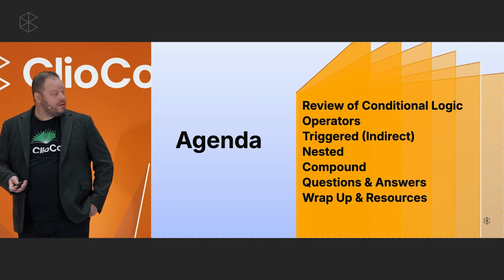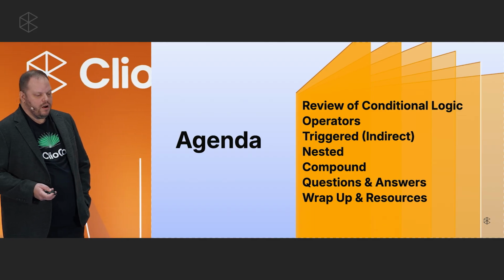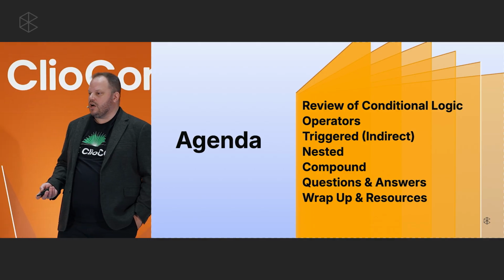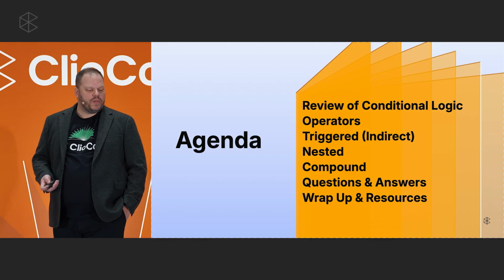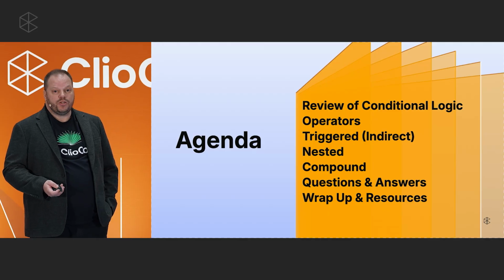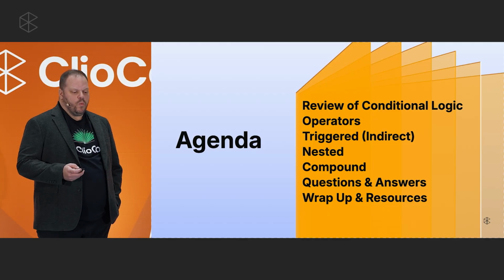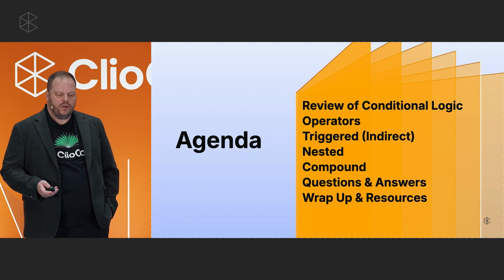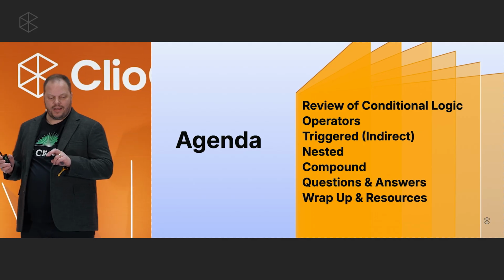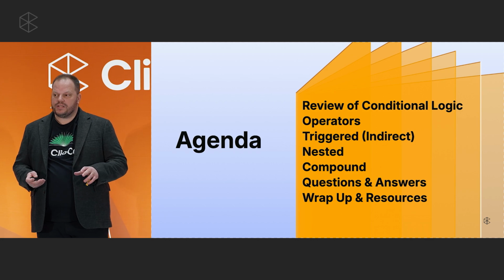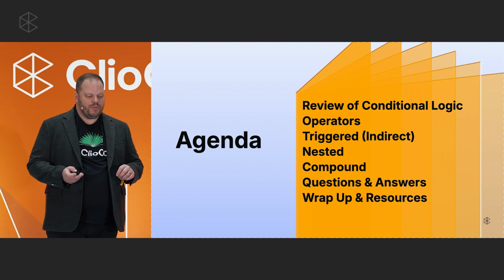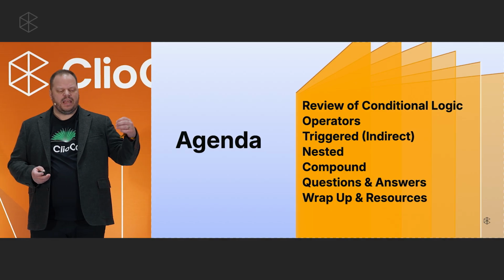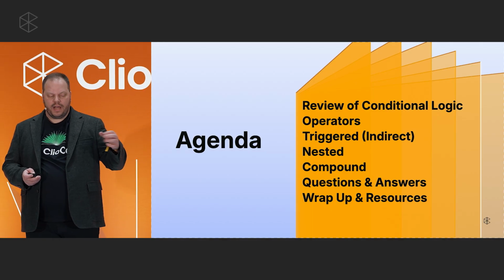For today's session, we are going to be covering these topics, starting with a review of what conditional logic is and how this session will elevate your document automation. We will then take a look at how triggers, also known as indirect conditional logic, work, which contains demonstrations of operators, and operators are the equals, does not equal, contain, and those kinds of things.